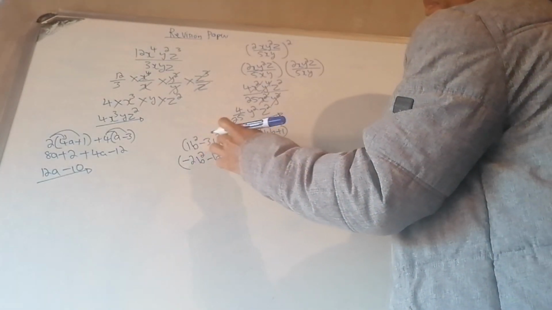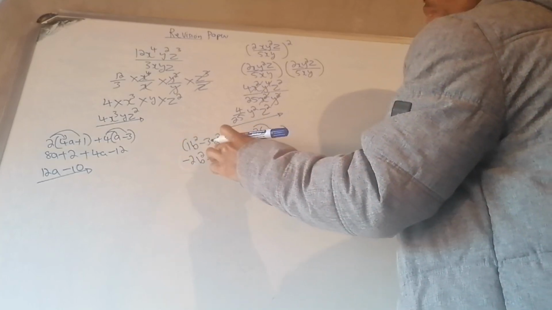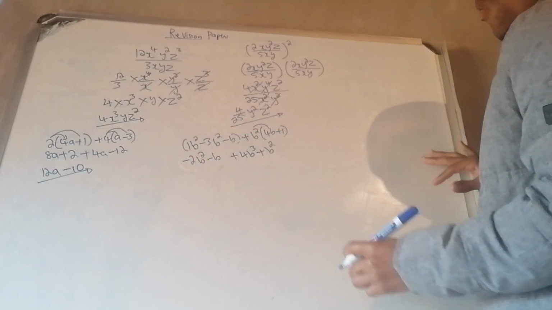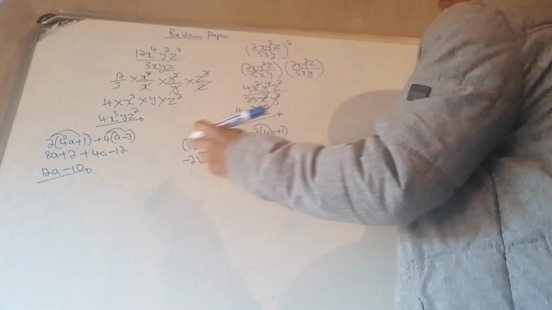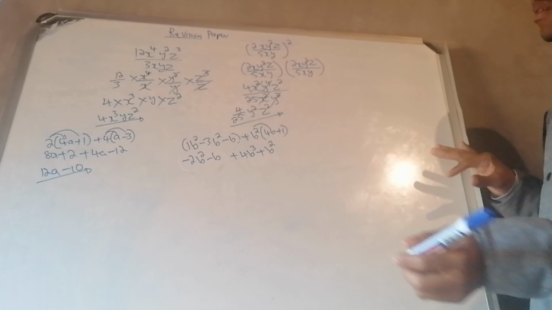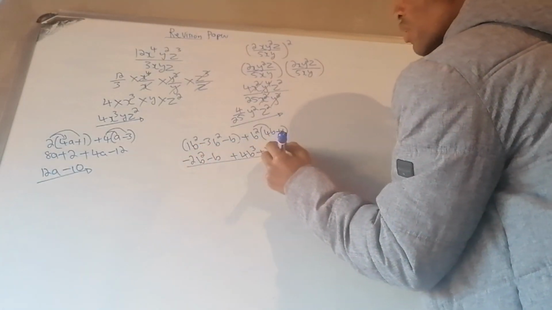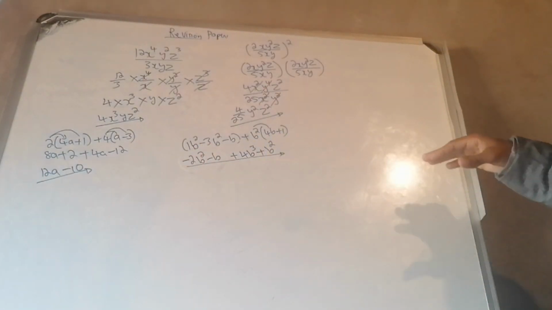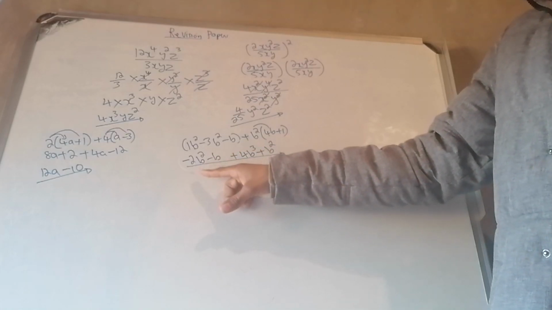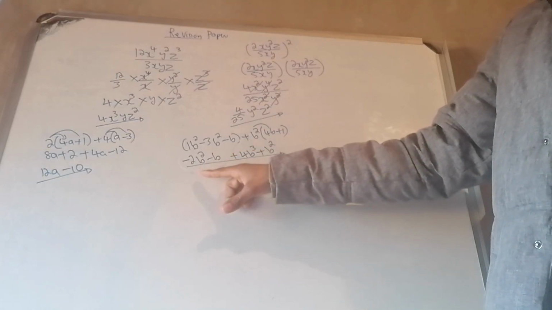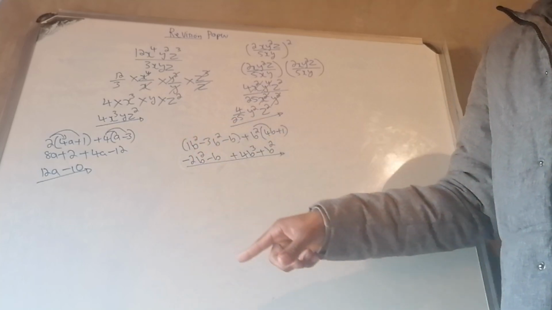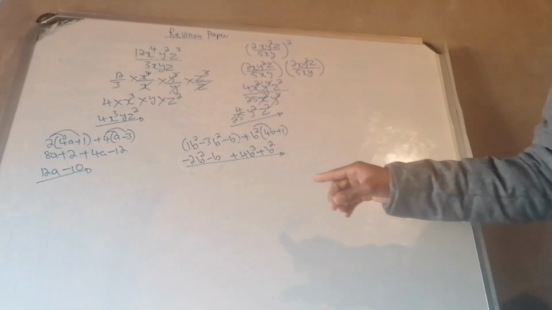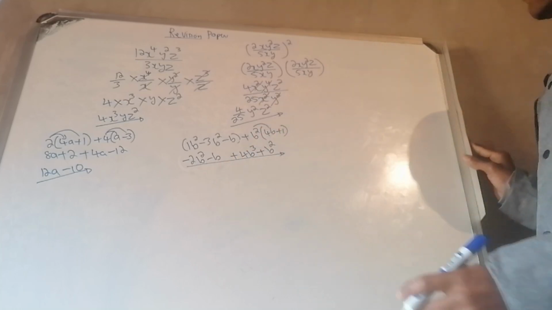Because we multiply, we can remove the bracket. There are no more like terms to multiply.